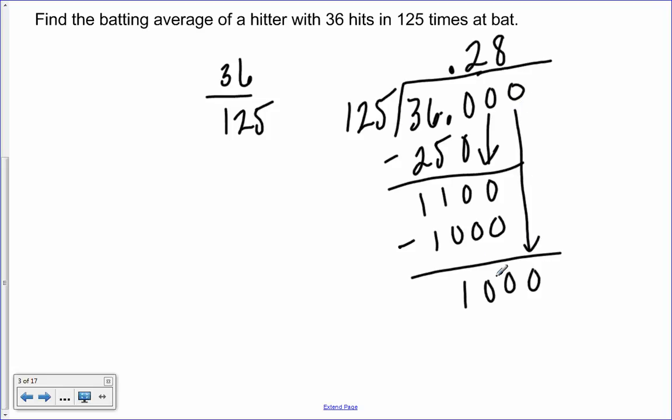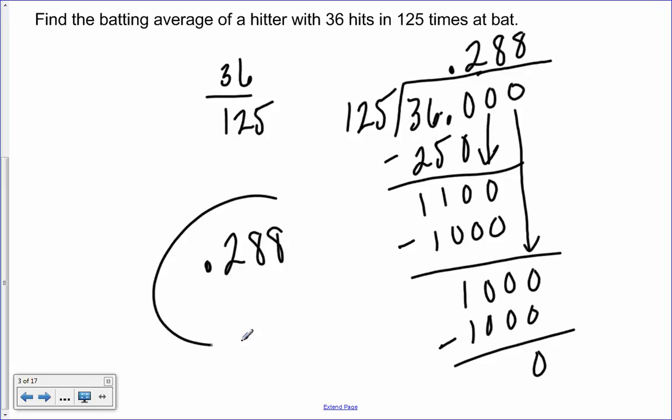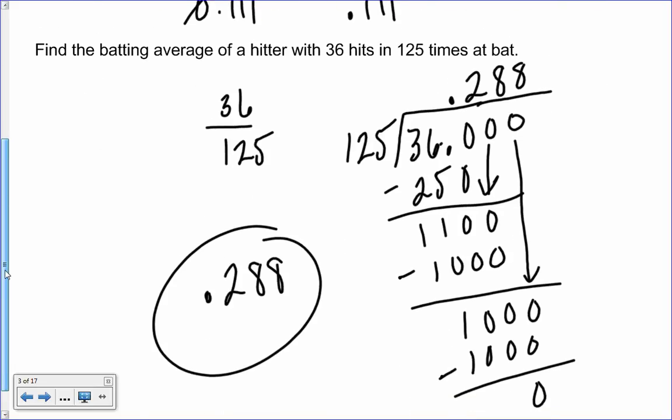And how many times does 125 go into 1,000? Well, we already know, 8 times. So we have a remainder of 0, which means we're done. So we know that this player's batting average is .288. Make sure you have this example written in your notes.